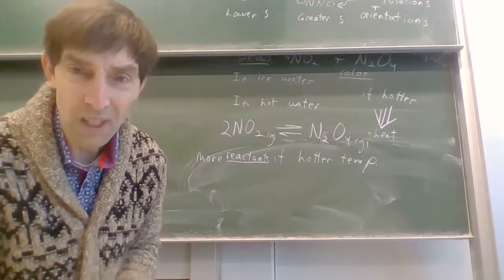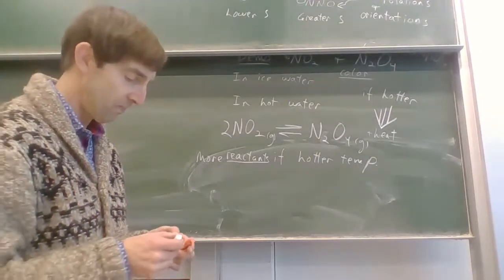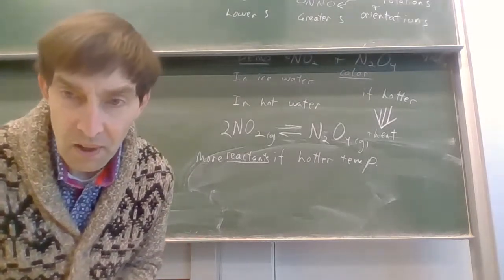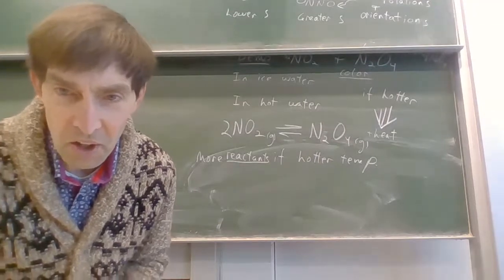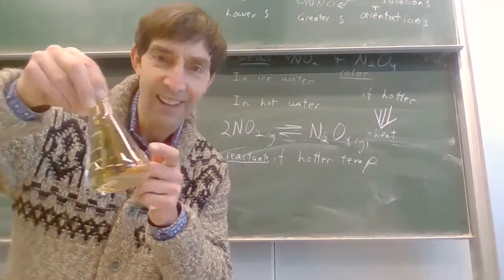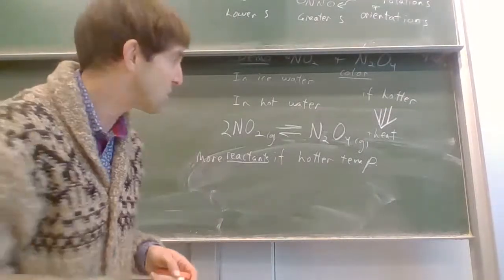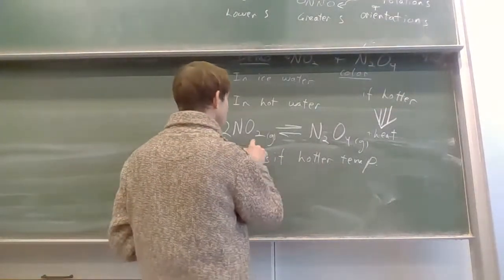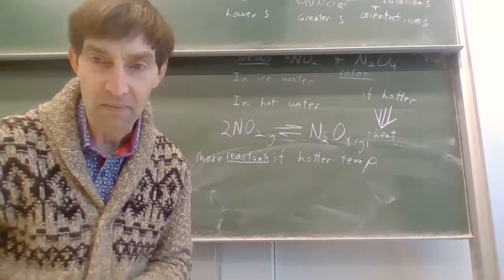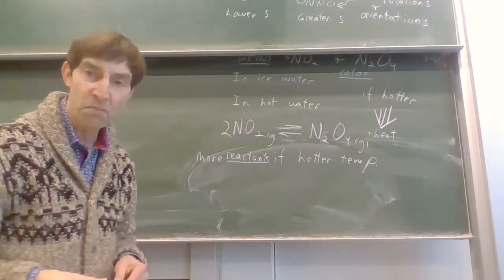Exactly. So which side is the brown one? Which side is clear? Ice is clear. No, no, no, Bella. I don't care about the ice. I care about the gas in here. So which chemical, N2O4 or NO2, is brown, and which is clear of the two gases?